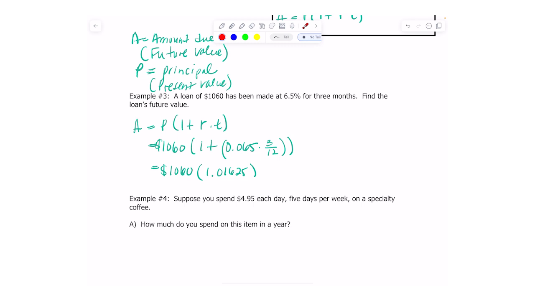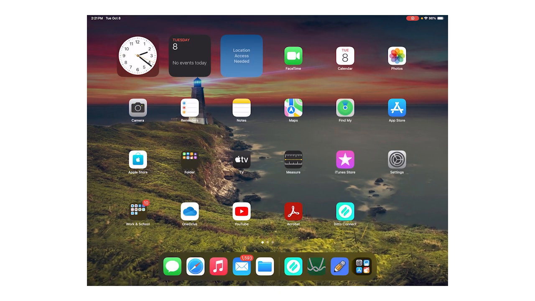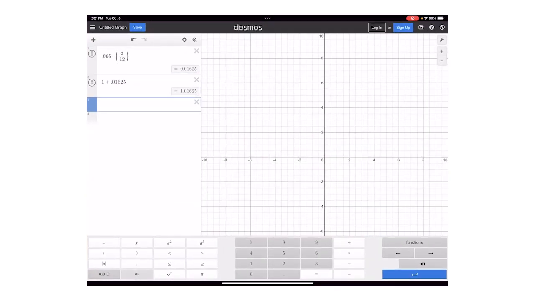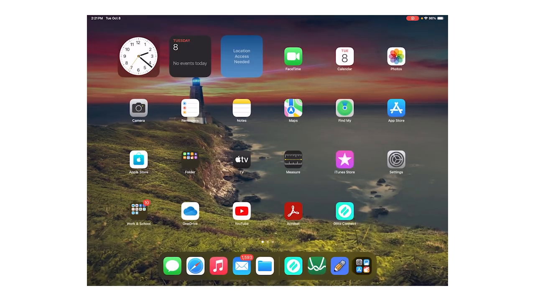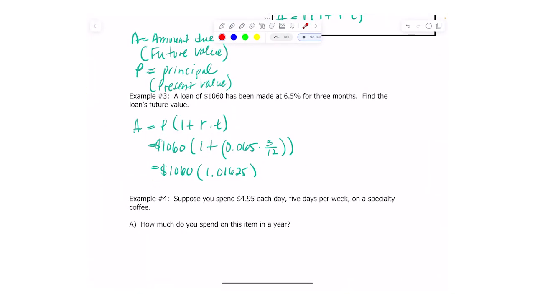So now when I multiply that value times my loan amount, which was $1,060, I get $1,077.23 if I round. So that's going to be the loan's future value.